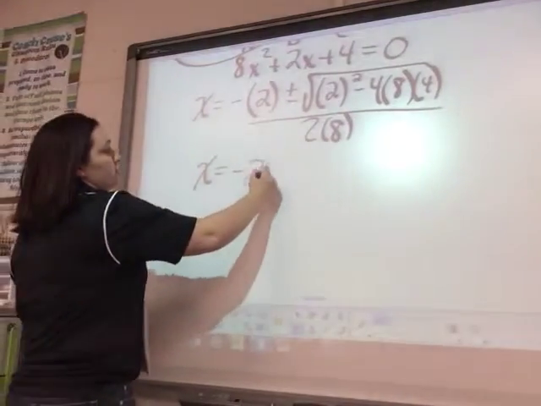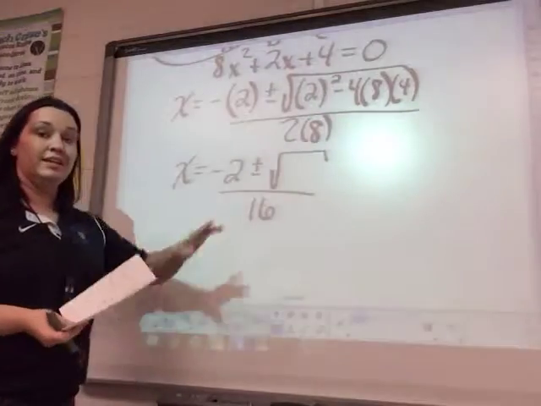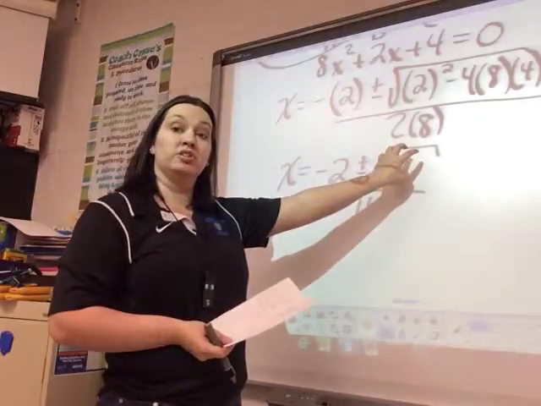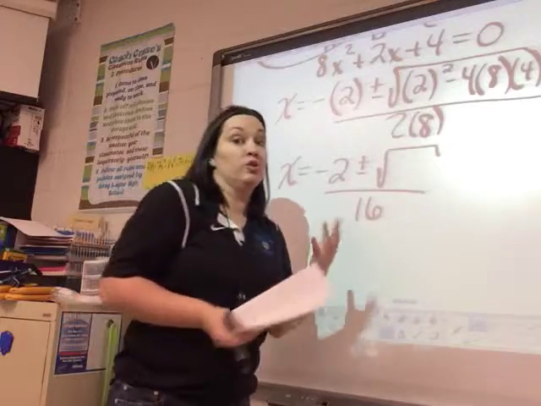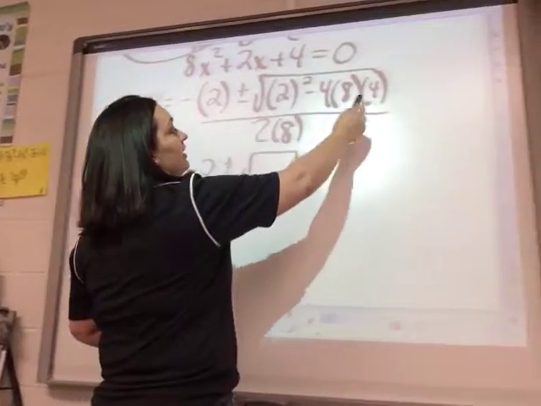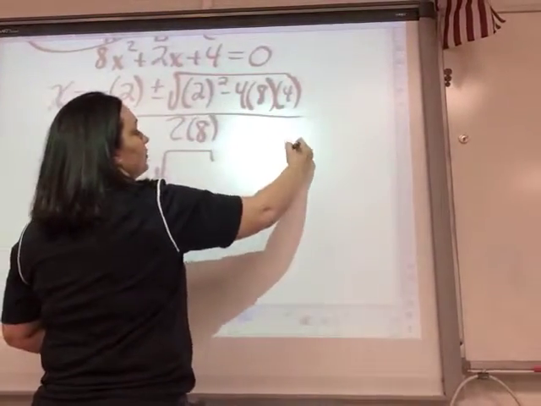X equals negative 2 plus or minus radical over 16. Notice I left that radical blank. I'm going to use what's inside this radical, called the discriminant, to make sure I'm right with my process that I'm going through. Again, you could type this in the calculator or just do some simple math here. 2 squared is 4.